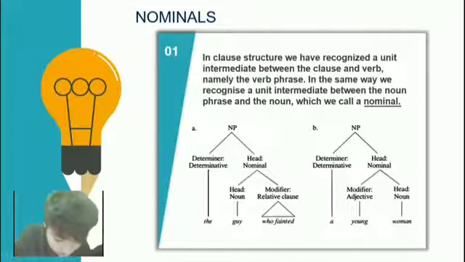The determiner is the, the head nominal is the head noun guy, and the modifier, which is a relative clause, is who fainted. And the next example: the determiner is a, the head nominal consists of modifier adjective and head noun, young woman. It makes it more specific.